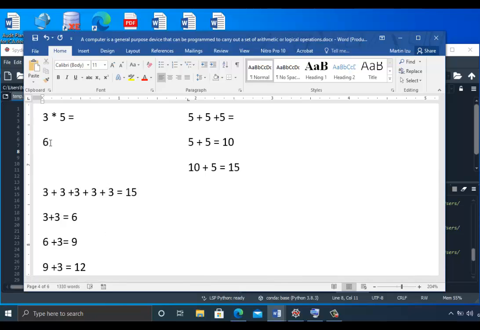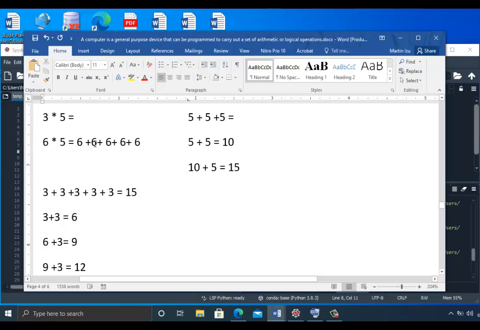6 times 5 simply means repeat 6 5 times: 6, 6, 6, 6, 6. Then you insert your addition operator between them.